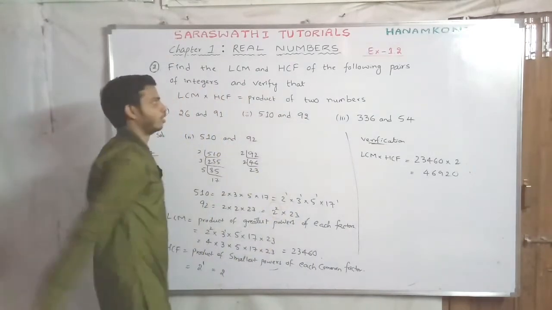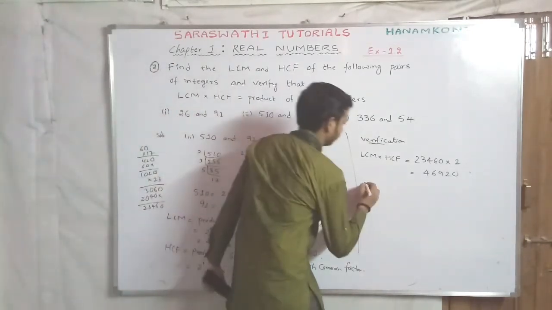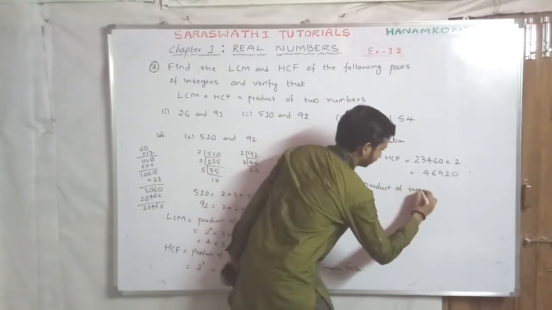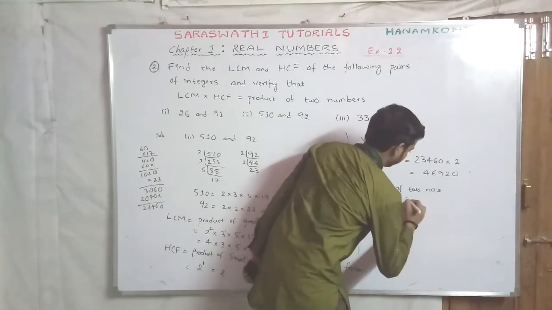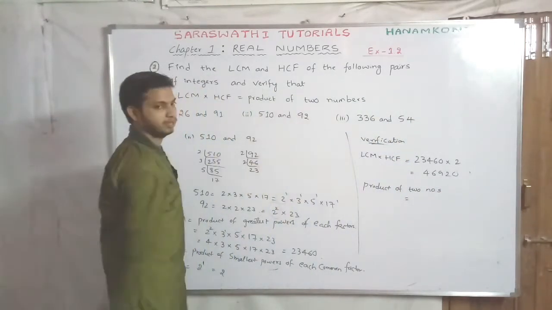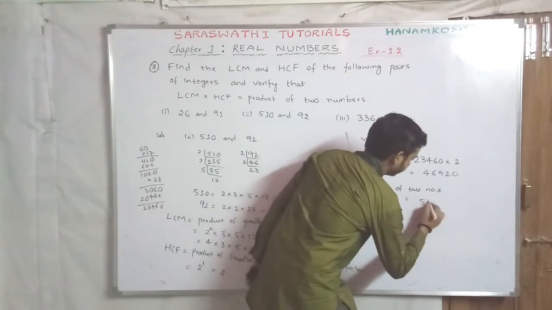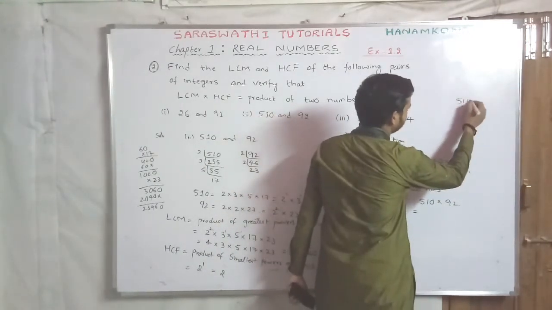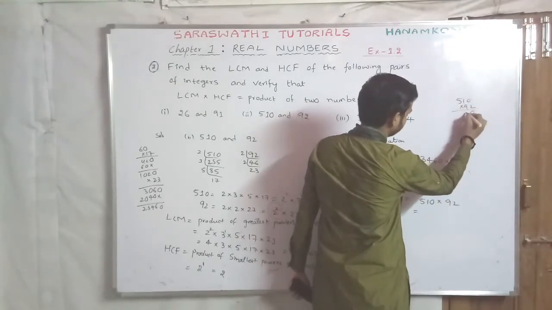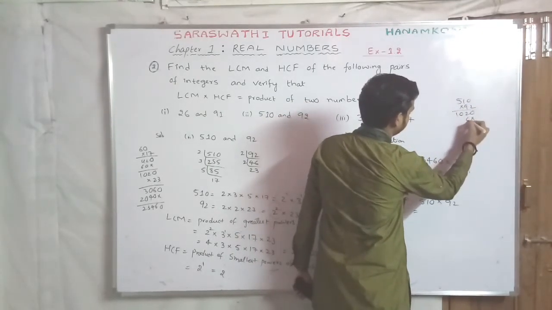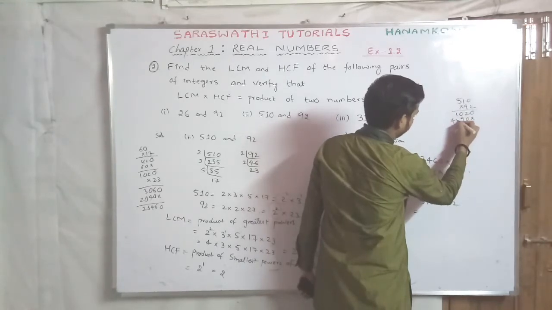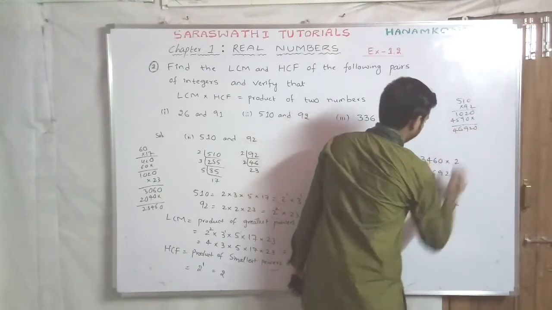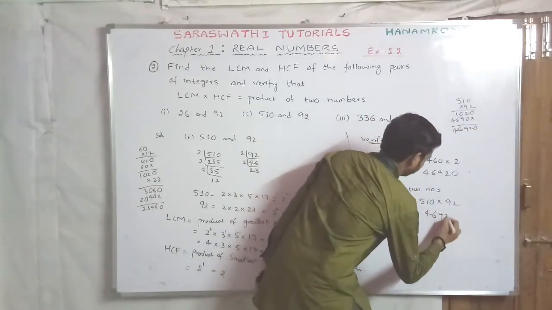Now we have to find the product of the two numbers. The given numbers are 510 and 92, so let us calculate 510 into 92. The product is 46,920, the same value.